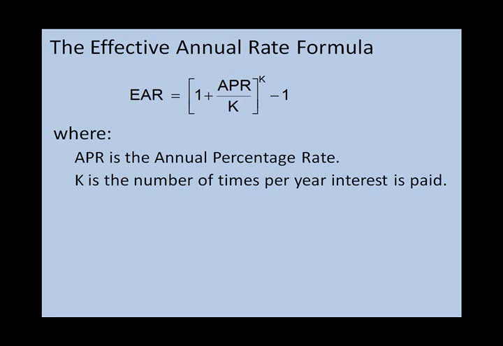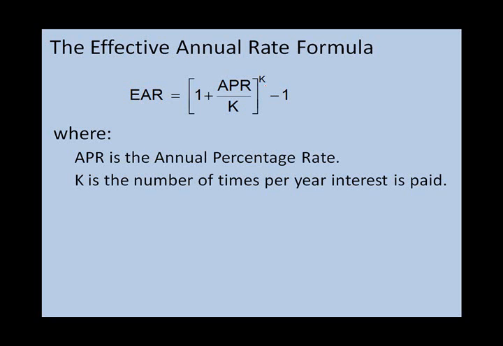If interest is paid monthly, so the compounding is monthly, K would be 12. So we would do the annual percentage rate divided by K, and then all of this, 1 plus APR divided by K, would be to the power of K. And once we've done that calculation, we subtract 1, and we have the effective annual rate.